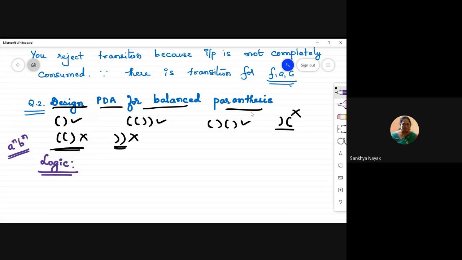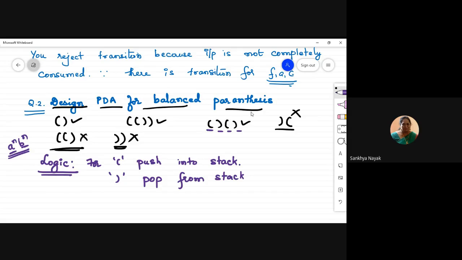The logic here is for every open bracket, push it into the stack, and for every closed bracket, pop from the stack. Why I said it's not exactly similar is because in that case, once you got B, you cannot get A. But here it is not like that. After a closed bracket you can get an open bracket again. Right? After this closed, you are getting an open bracket again. So that's why it's slightly different.